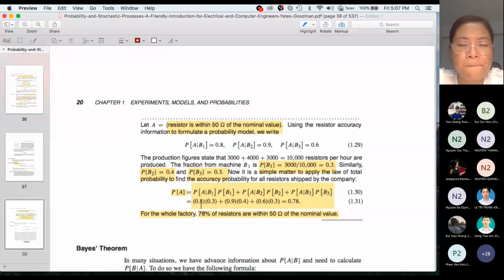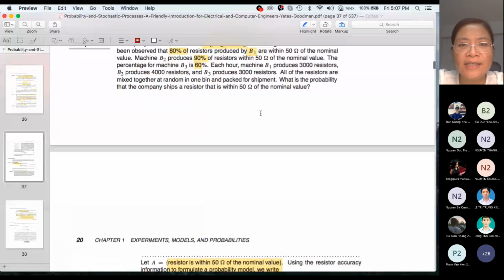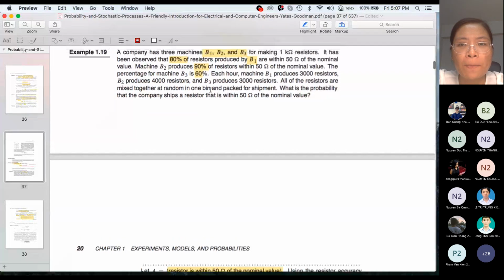So how can you express the probability of A intersection with B1 in a sentence? Yes, a sentence. All of the resistors are mixed together at random in one bin and packed for shipment. And now we choose at random one resistor.